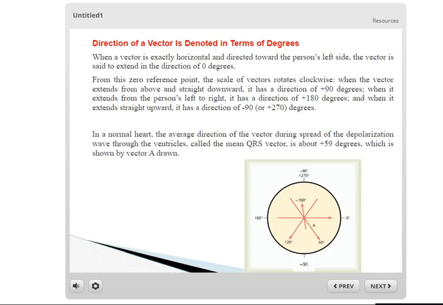The vector direction is established from a reference point of 0 degrees, which is directed to the left of the observer.